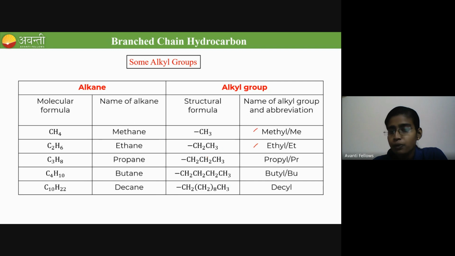From propane onwards, we do not have only one alkyl, which you can see here. Propane also forms one more alkyl group. Can any of you name that other alkyl group which is formed from propane? One alkyl is shown to you for propyl. One more is there. Any idea about that?